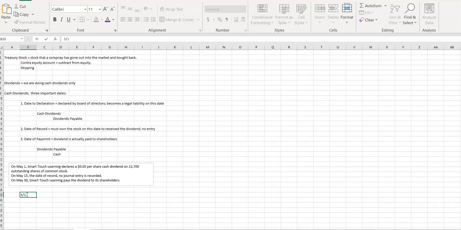So May 1st is our date of declaration, and we're going to have cash dividends and dividends payable. And it's going to be for the 5 cents times the 22,700 shares.